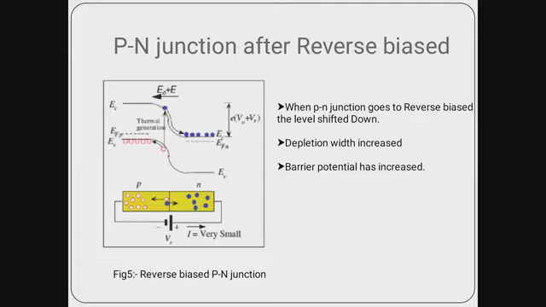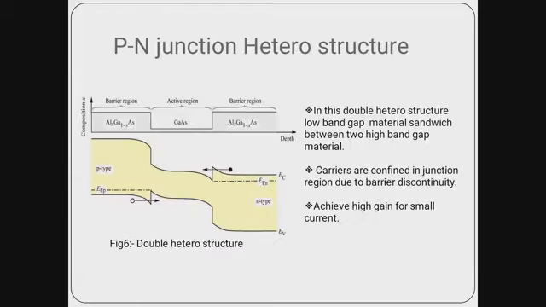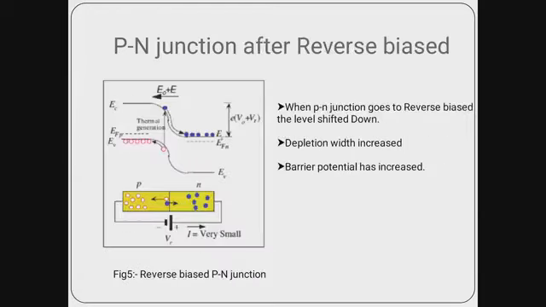We have seen that this is denoted by V0 plus VR. VR is nothing but the reverse biased diode connection, reverse voltage which is given across the diode. Now a question has come, why is this level shifted down?